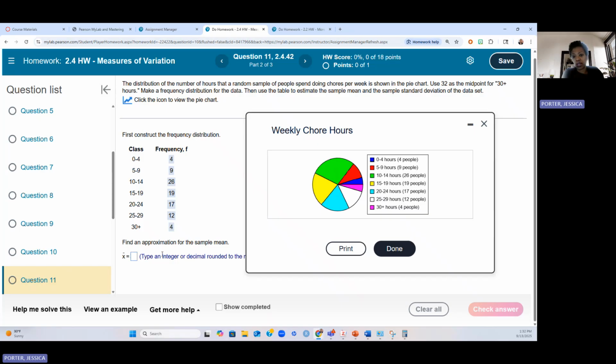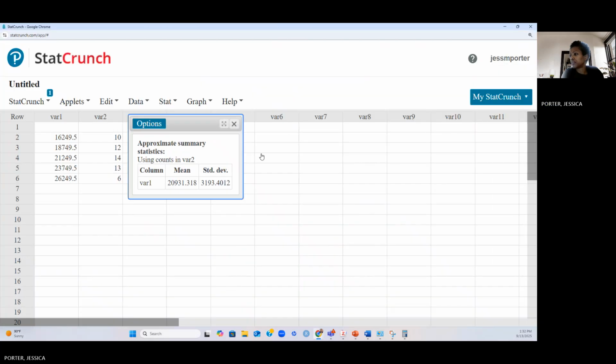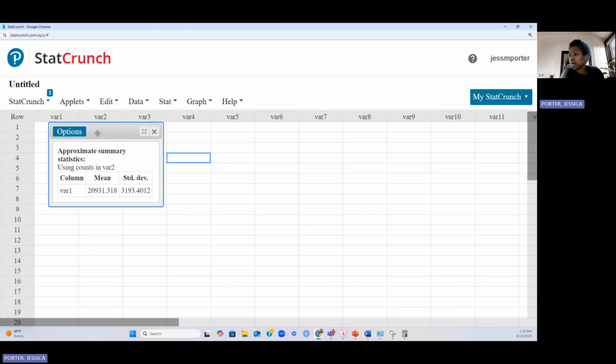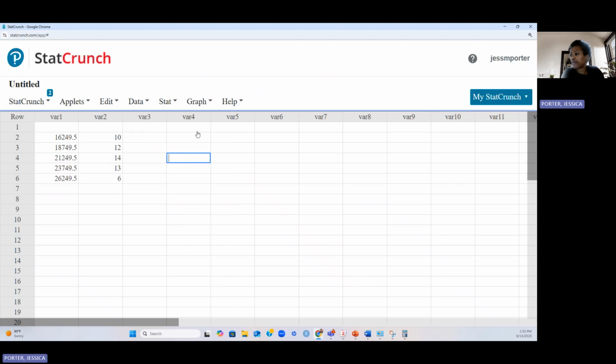Now it's asking you for the sample mean, and it's going to ask you for the sample standard deviation. So we'll go back to StatCrunch. I'm just going to use Var 4 and Var 5.